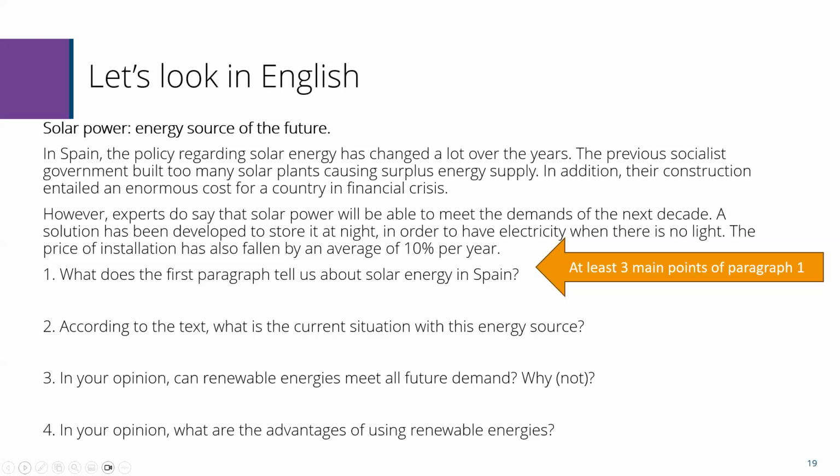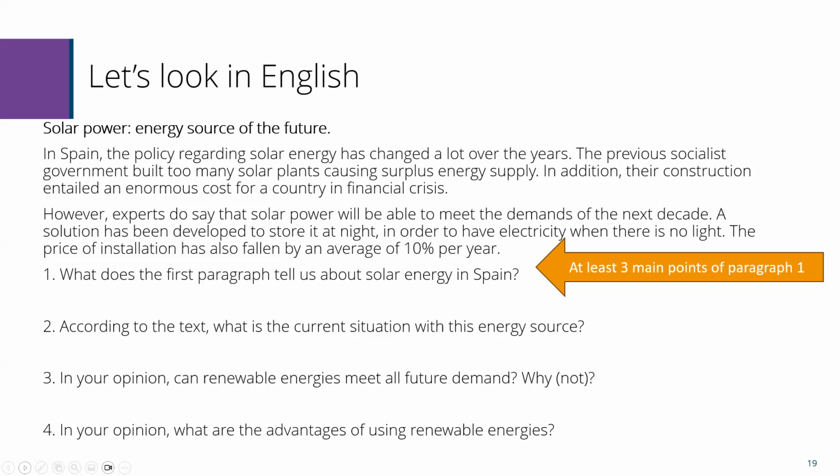And perhaps if they want to add a final point, of course, this was difficult because Spain was undergoing financial difficulties at the time. So we're looking to find at least 3 main points for full marks there from paragraph 1, and there will be several points. So in terms of training your students, what are the points being made?